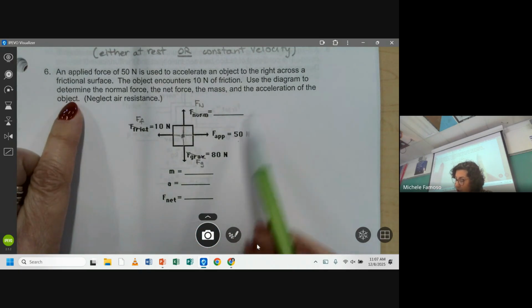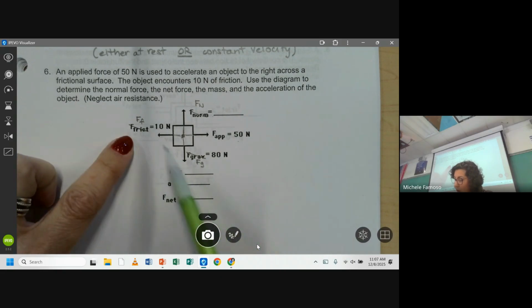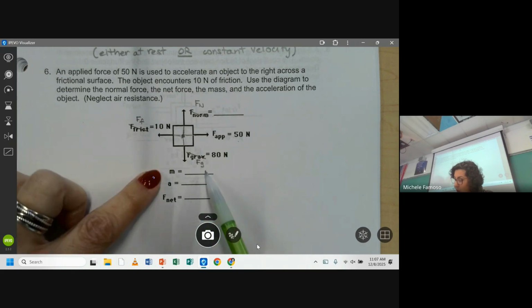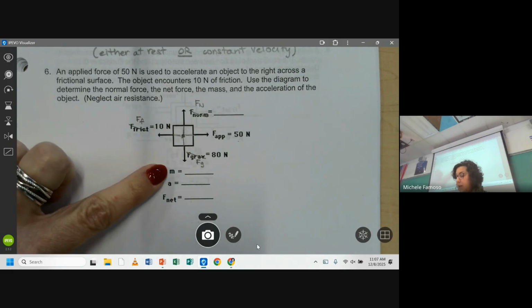I want us to use this diagram to determine what the normal force is, what the net force is, what the mass is, and what the acceleration is. Okay? So the first thing I'd like us to find is the mass of this object.